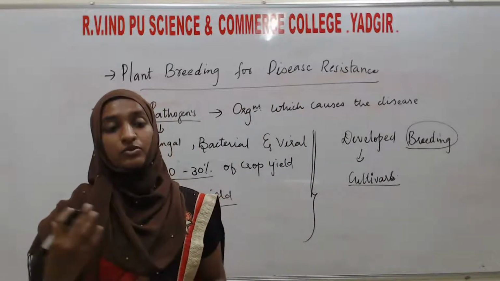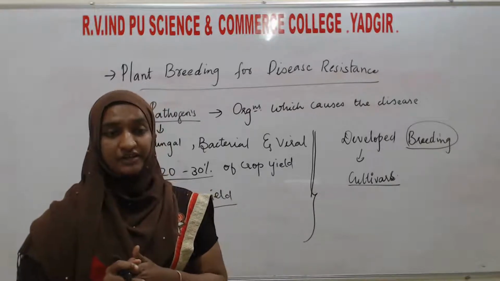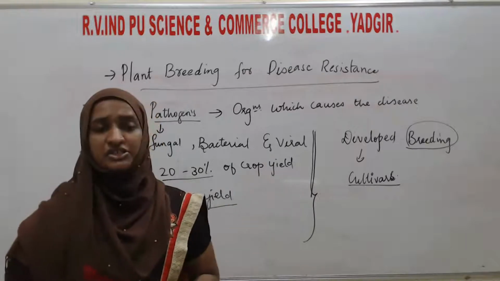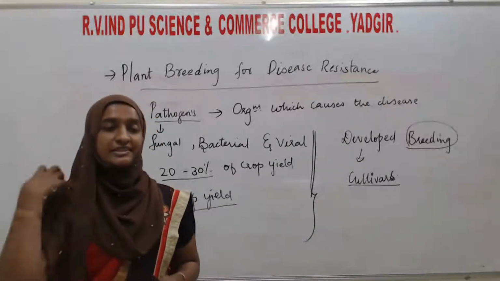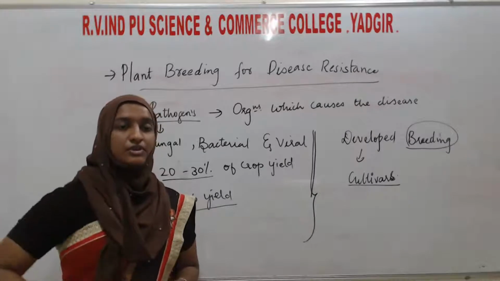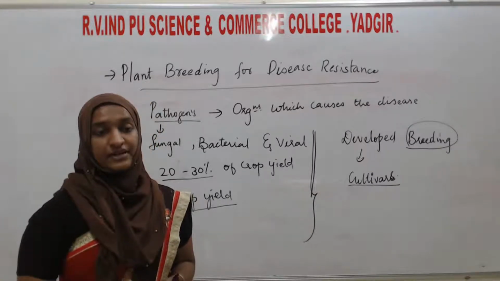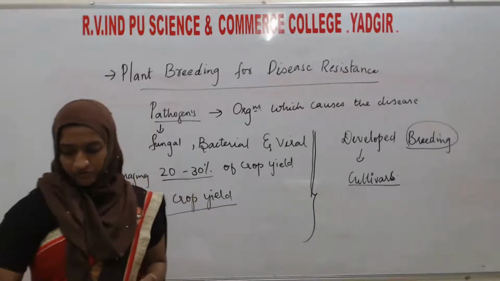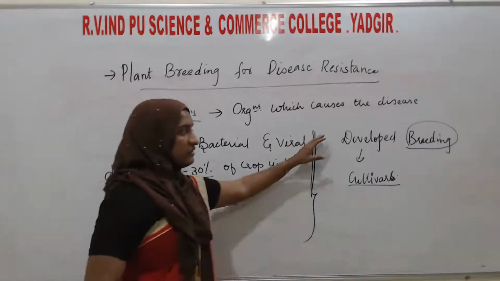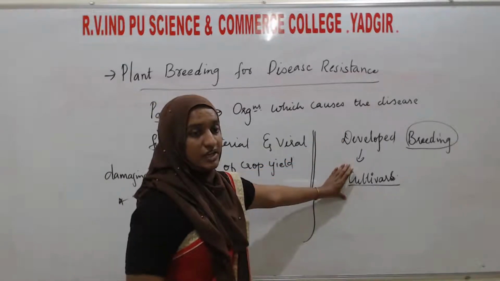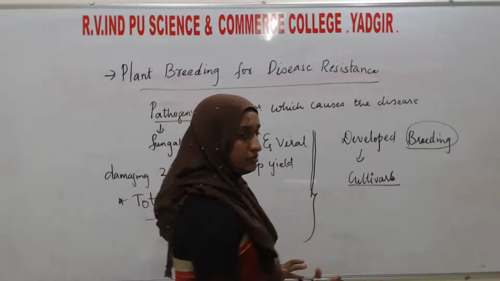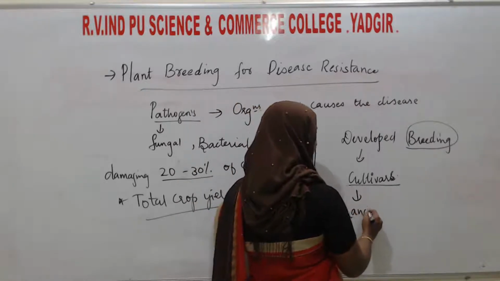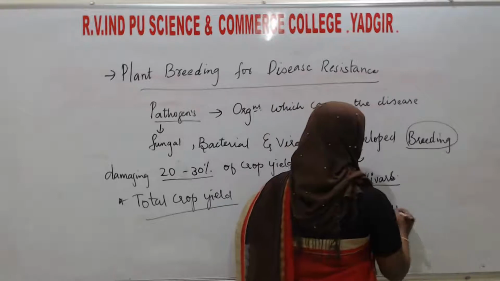What they developed by implementing the plant breeding technique is the production of cultivars. Cultivars means some new plant varieties with disease resistance in different crops or in different species of the crops. By this process of breeding, by which they are developing the cultivars, in this way they are enhancing the food production.